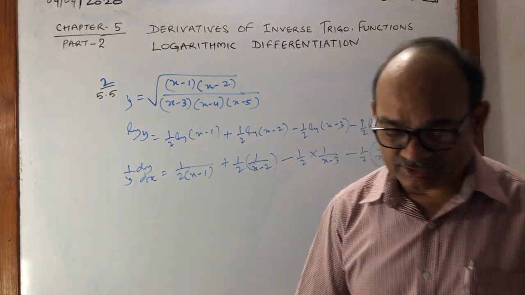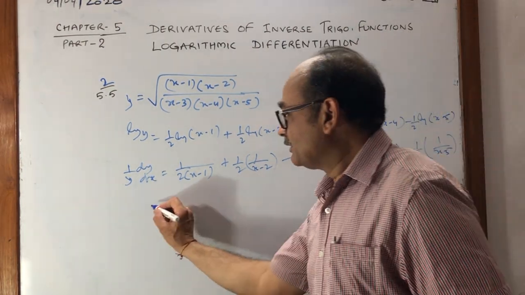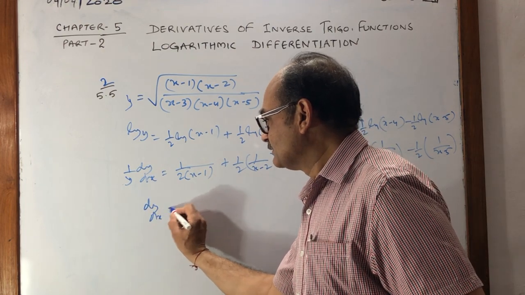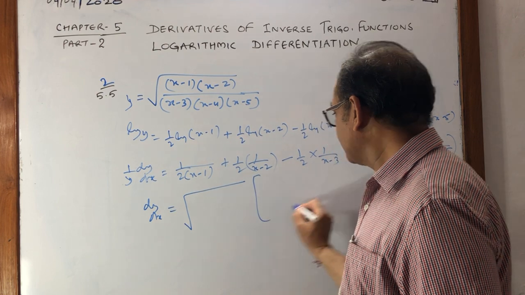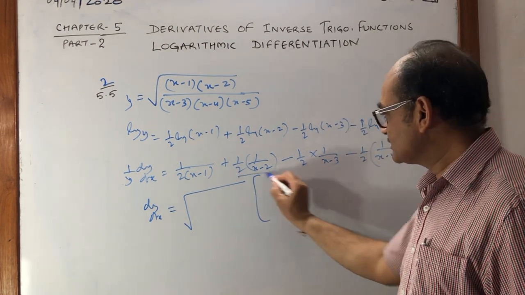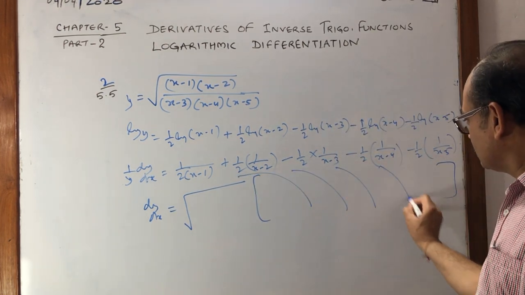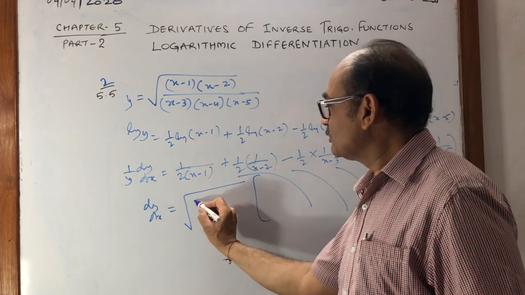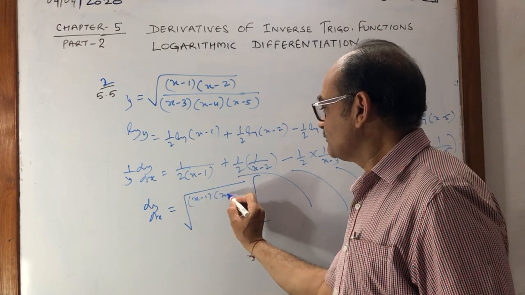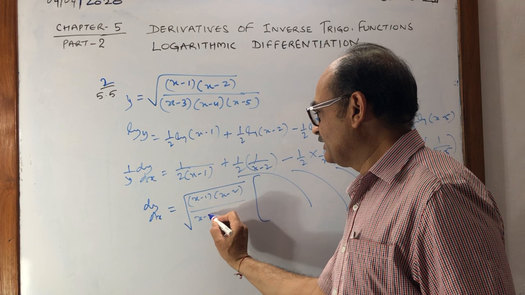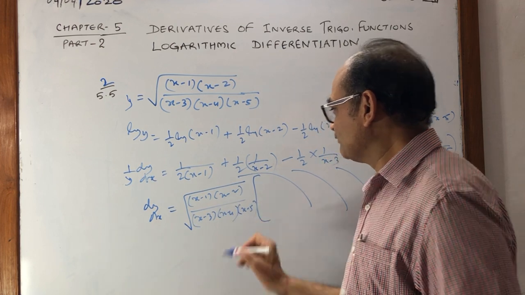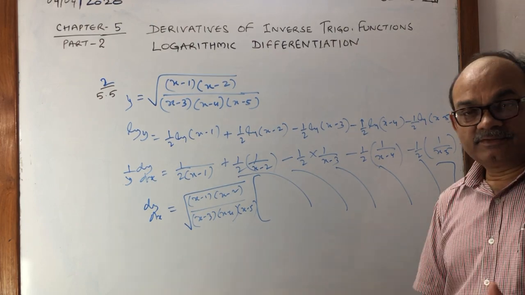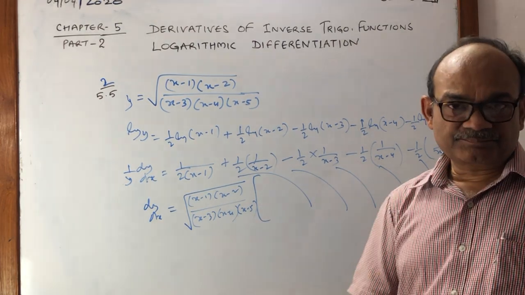Our aim is to calculate only and only dy by dx. Hence y means the quotient, and then you have to put all the answers inside the bracket. And here is the question: (x minus 1)(x minus 2)(x minus 3)(x minus 4)(x minus 5). I think the log concept is clear.